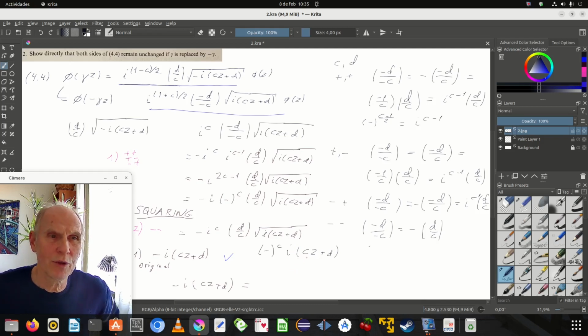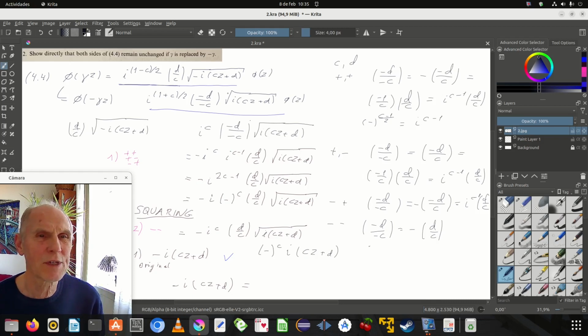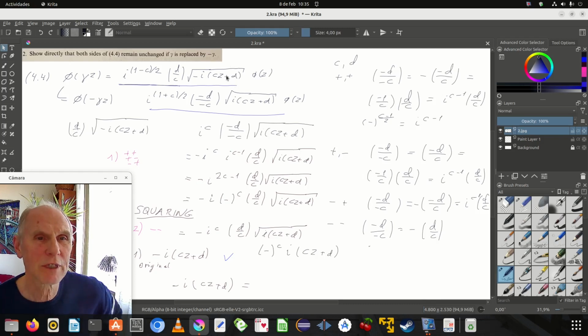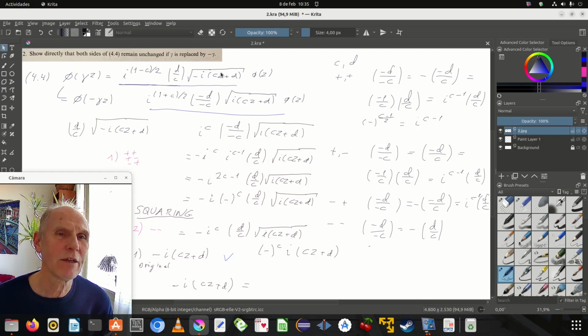And then even though the squares are the same, we still need to check that we get the right branch using the correct branch of the square root. So we have to set z equal to i, the imaginary unit, and then take the right square root and see that they agree as is.